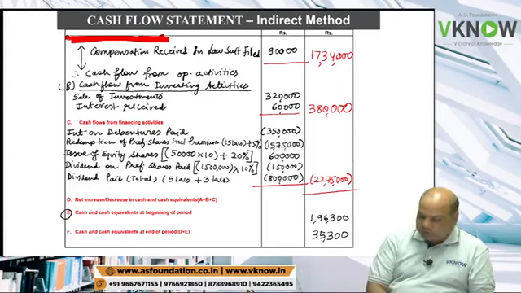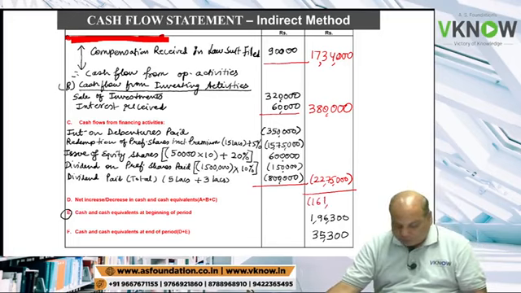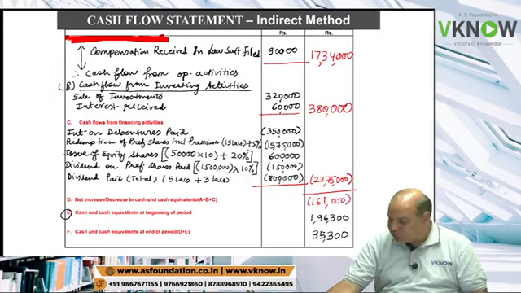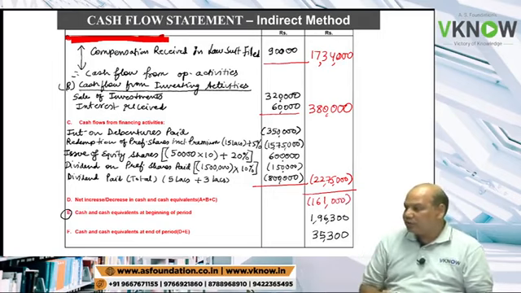So, dear student, please reply what is the net increase or decrease in cash and cash equivalent. So, there is a decrease of 161,000. Come on, everybody, please reply.